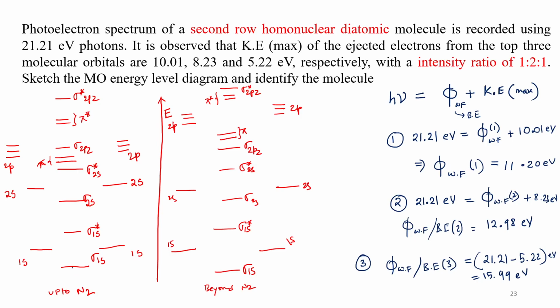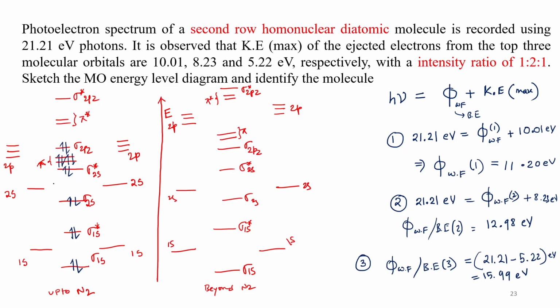Nitrogen has 7 plus 7, 14 electrons. So let us put 1, 2, 3, 4, 5, 6, 7, 8, 9, 10, 11, 12, 13, 14. Okay, so we have to follow Hund's rule also.